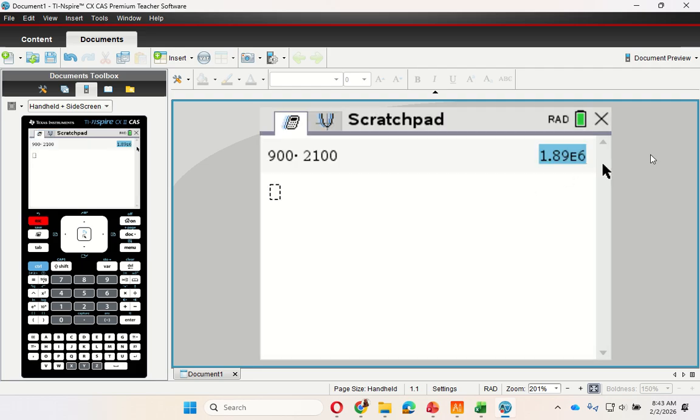Okay, e to the 6 means million. Is that less than what I had before? This is 1.89 million. It's less because I had 2 million, right?